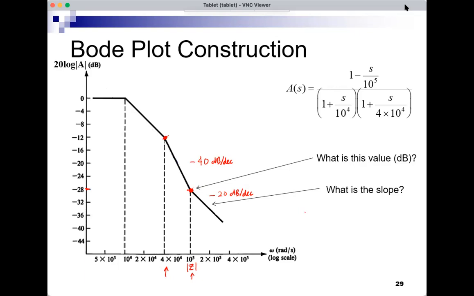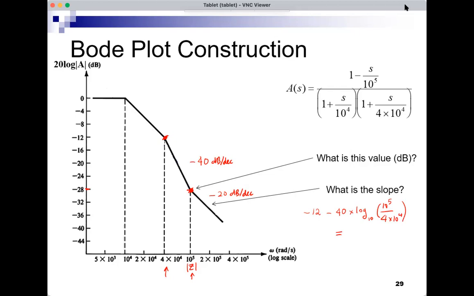So G1 is minus 12, plus a is the slope. The slope between these 2 points is minus 40 dB per decade, times the log base 10 of the ratio of the final frequency divided by the initial. So 10 to the 5 divided by 4 times 10 to the 4. Let me see how much I would get if I use my calculator.